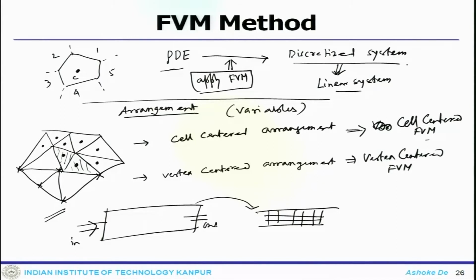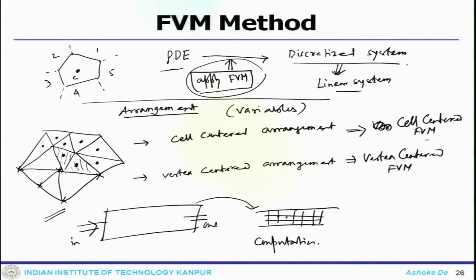So, when I transform my physical problem to this computational domain, I need to look at the arrangement of my variables, whether it would be cell center or vertex center, and accordingly my discretization process needs to be taken care of. So, before I apply this process, this arrangement is very important.